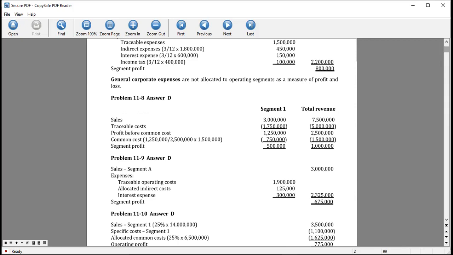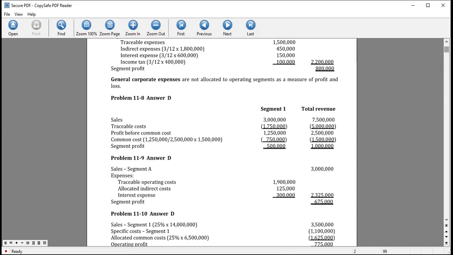We have to identify sales aggregated 7.5 million in the current year, of which segment 1 contributed 40%.